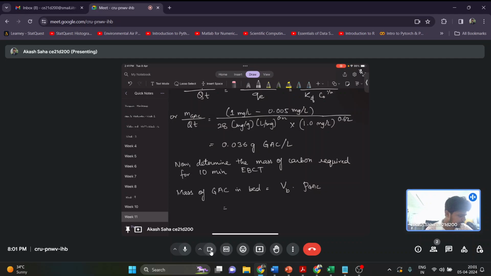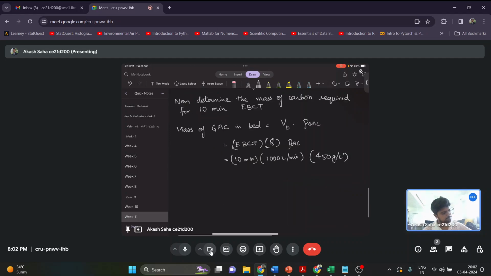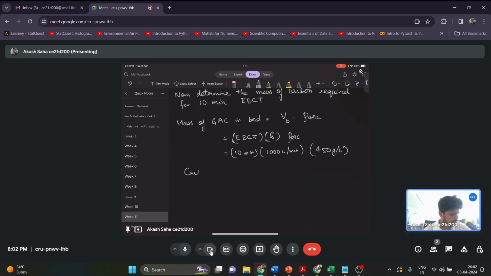Okay, so VB can also be written as EBCT into the discharge into rho GAC. So EBCT is 10 minutes, Q is 1000 liter per minute, and density is 450 gram per liter. So we'll get the carbon required as 4.5 into 10 to the power 6 gram. So this is my carbon required.